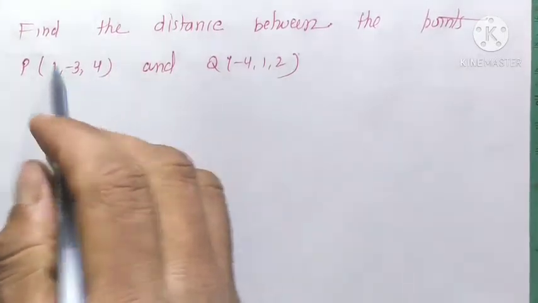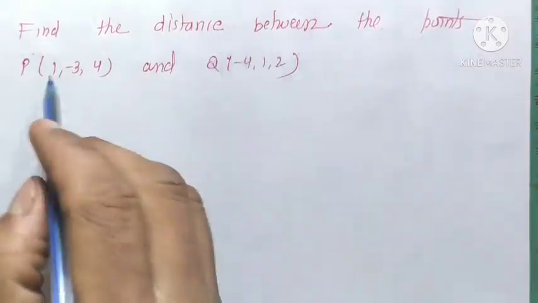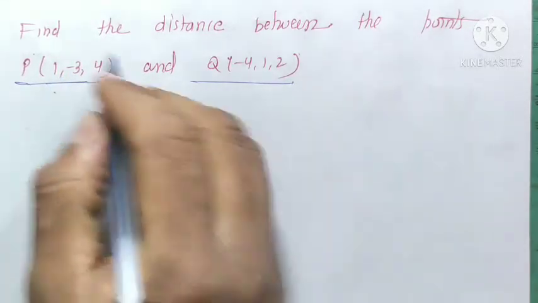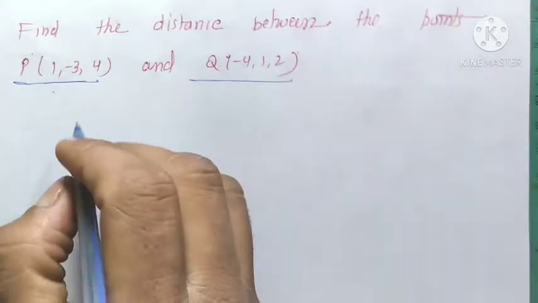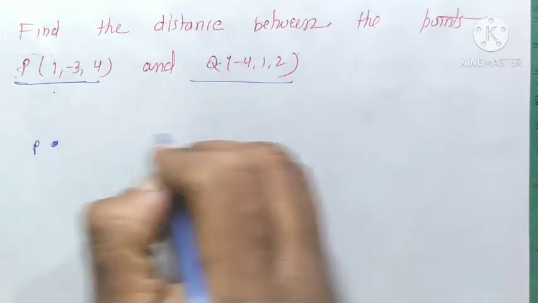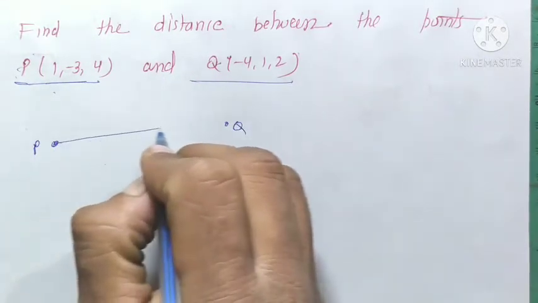So now our next problem is here: find the distance between the points. These 2 points are given here. In three-dimensional geometry, we take any point P and this point Q. How do we find the distance between these 2 points?